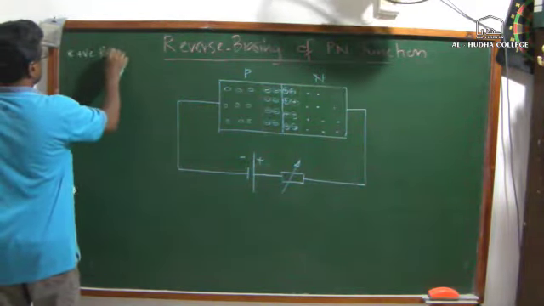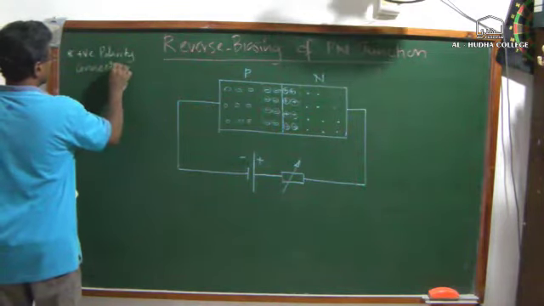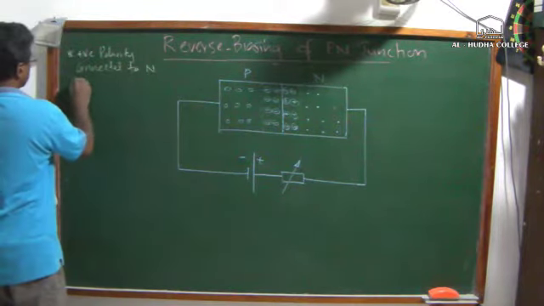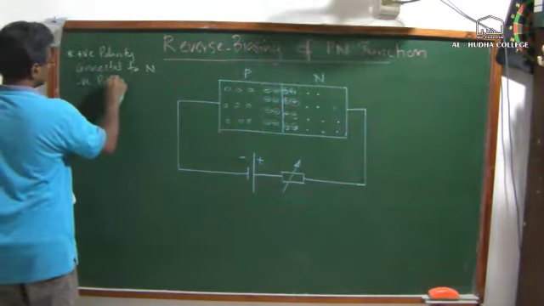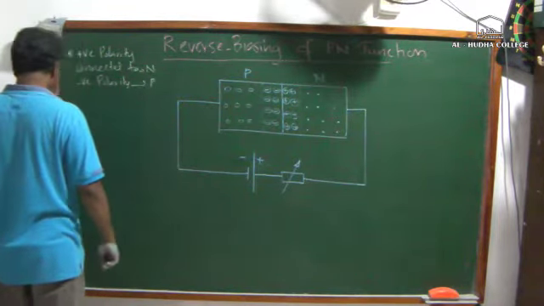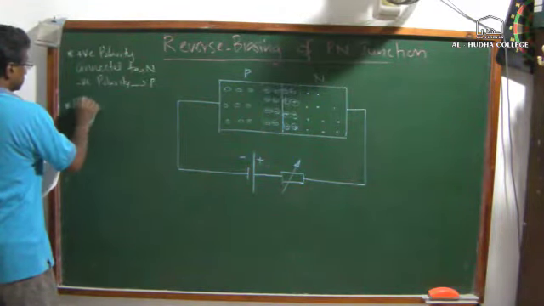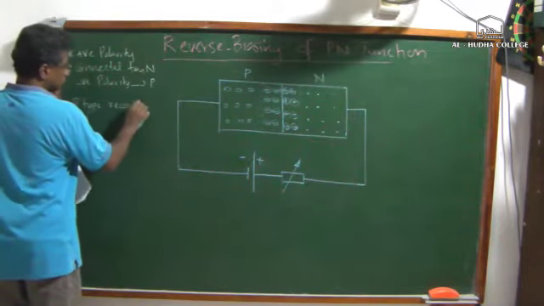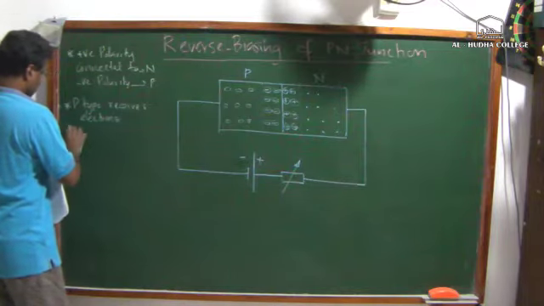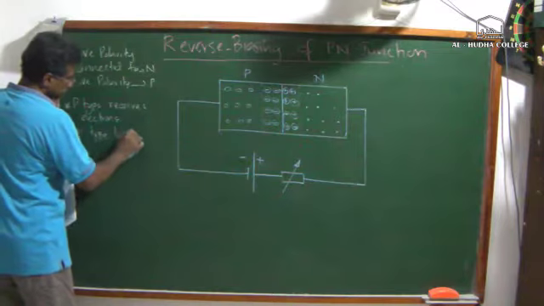Positive polarity connected to N-type, negative polarity to P-type. P-type receives electrons, N-type loses electrons.